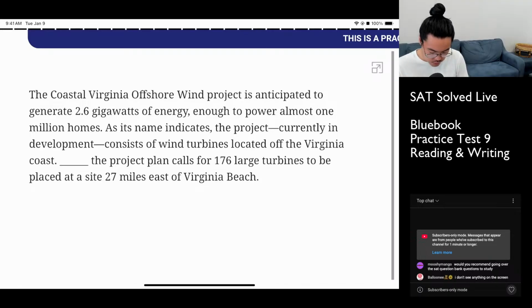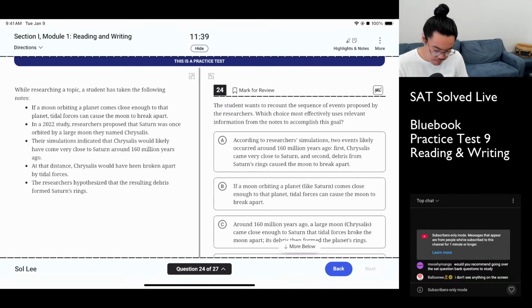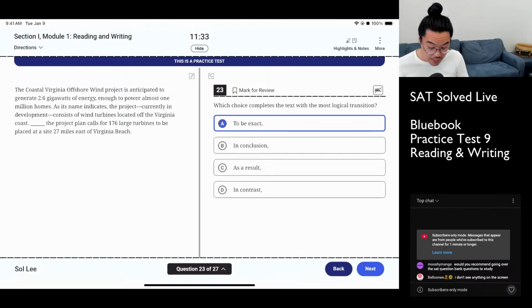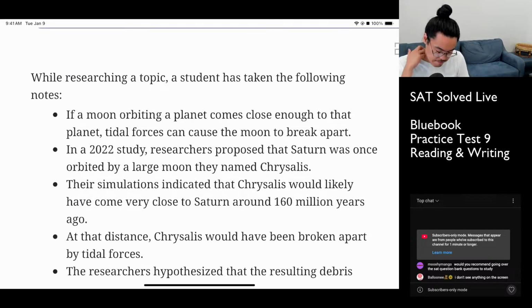Specifically, it calls for, yeah, I guess this is just a more specific number for the previous sentence and how far off the coast. So specifically, so yeah, it's to be exact, got it. All right, I didn't really fully process the relationship between those two sentences. And actually, it turns out this was the first time I've seen that passage ever. So yeah, it just took me a while to process that.